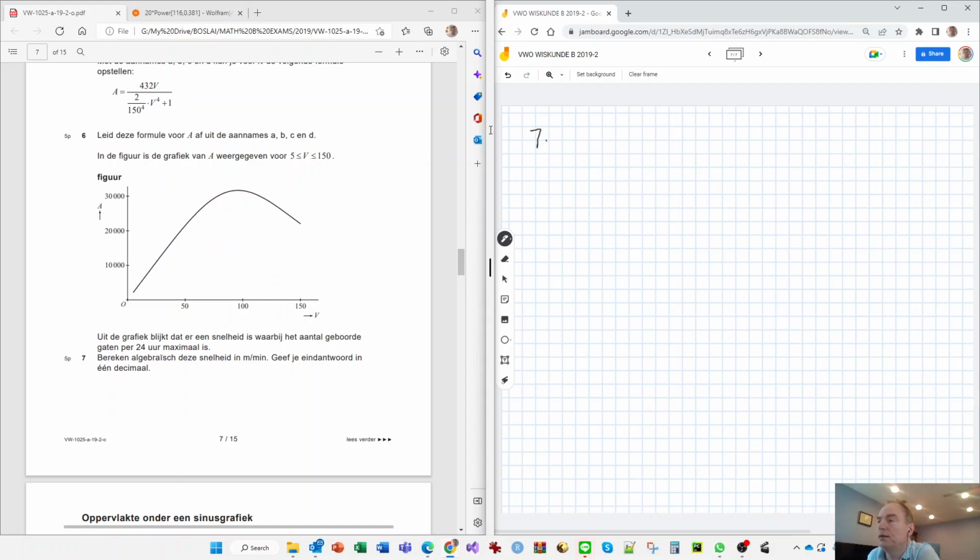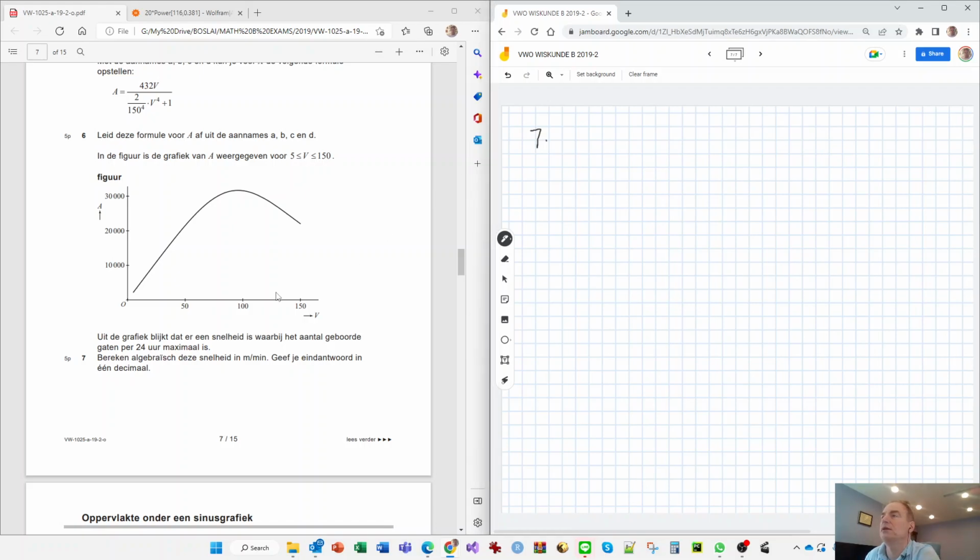And find what is the optimal speed. So what we need to do is find the derivative of A as a function of phi and see when it's 0.